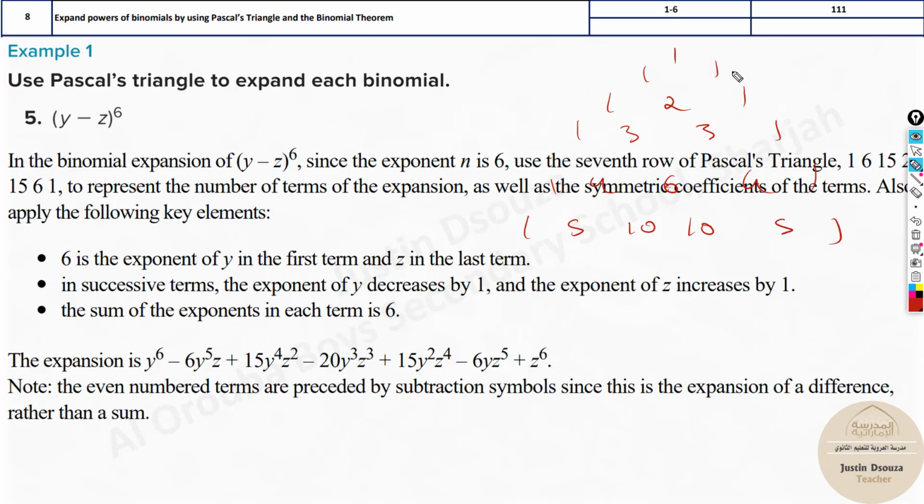Now this is 0, 1, 2, 3, 4, 5. Oh, we need 6, so there is one more. So it'll be 1, 5 plus 1 is 6, 15, 20, 15, 6, 1. So it should be 1, 6, 15, 20, 15, 6, 1.